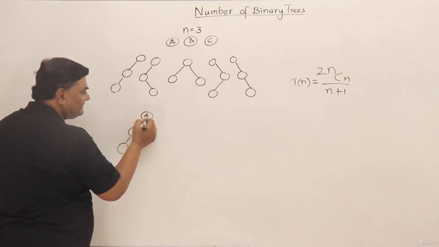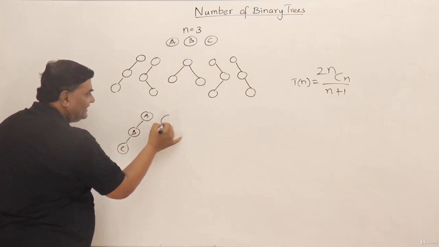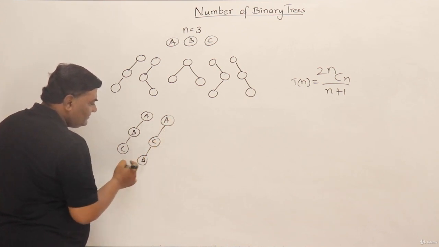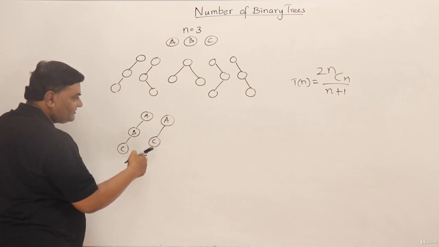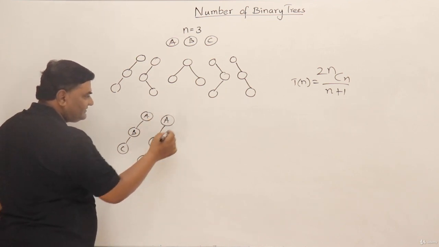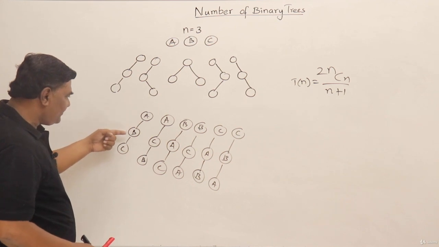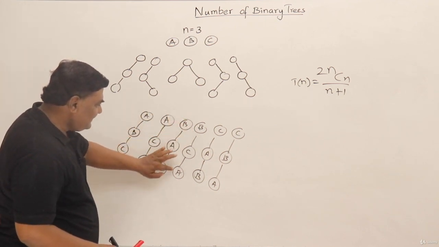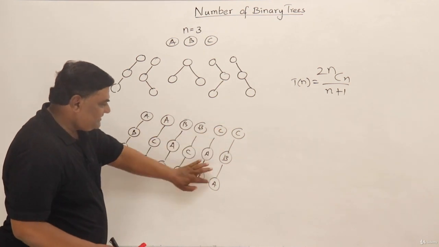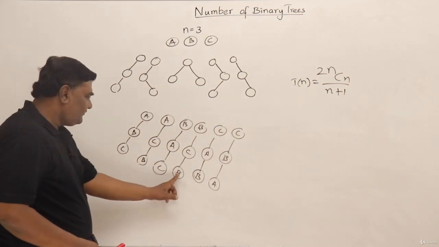Let us see. I will label this A, B, C. And one more labeling A, C, B. Same tree, shape is same, but the labels are changed. Permutation of labels has changed. So I have different ways of filling: A, B, C; A, C, B; B, A, C; B, C, A; C, A, B; C, B, A. So 1, 2, 3, 4, 5, 6.